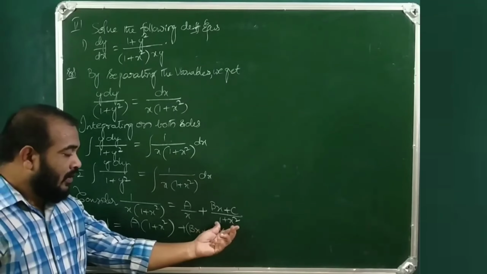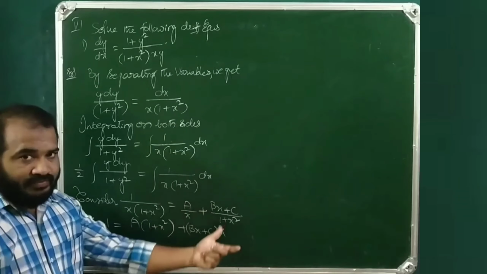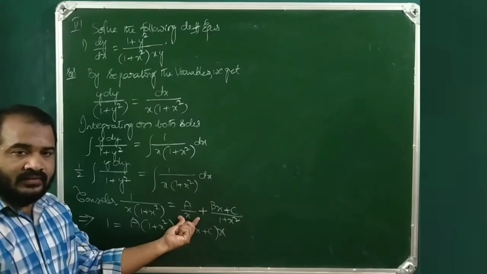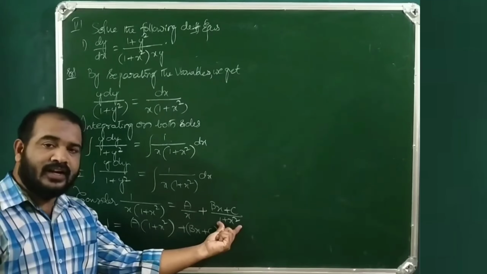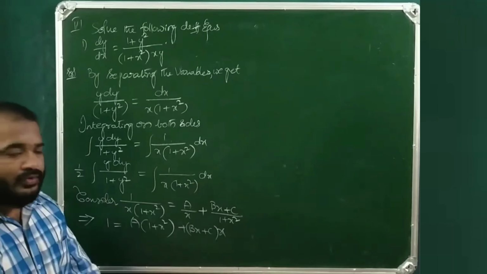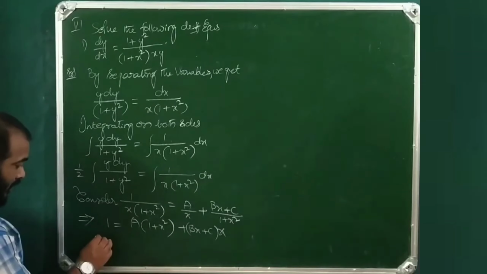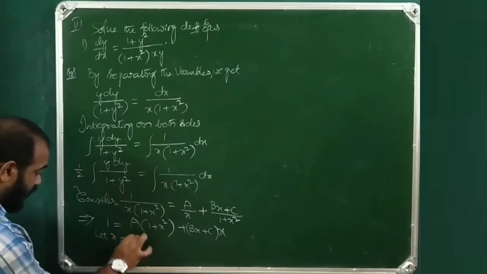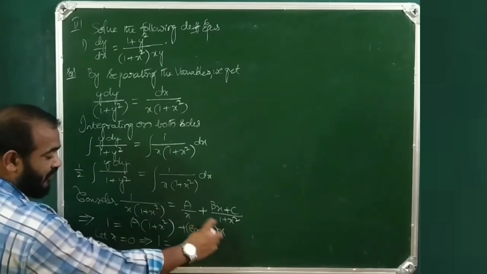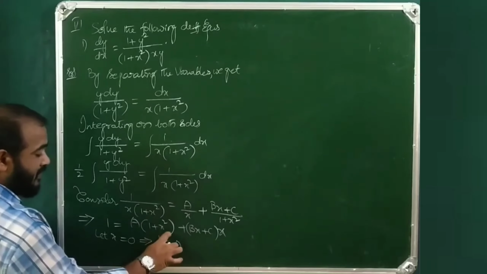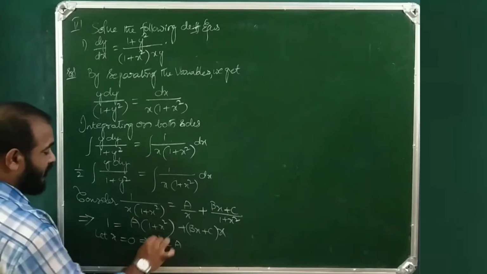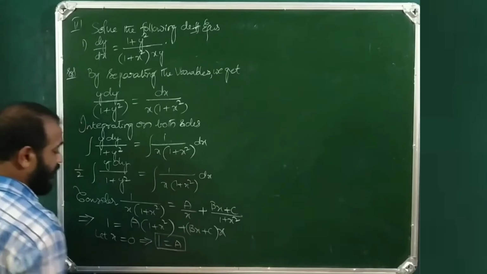We cannot equate x equals to something else, because the only linear factor is x. So let x is equals to 0, substitute: 1 is equals to a into 1 plus 0, this is 1 into a, so a is equals to 1 here.